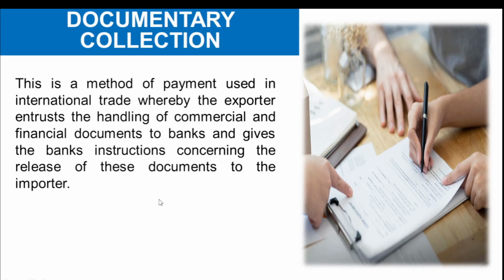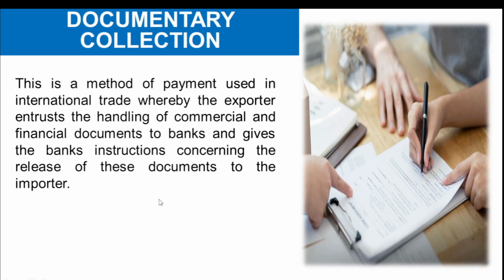So try to understand this. See, there is a seller located in one country, and there is a buyer located in another country. Now what happens under the documentary collection method? The seller has shipped the goods, and all the documents that were generated, what are those documents?